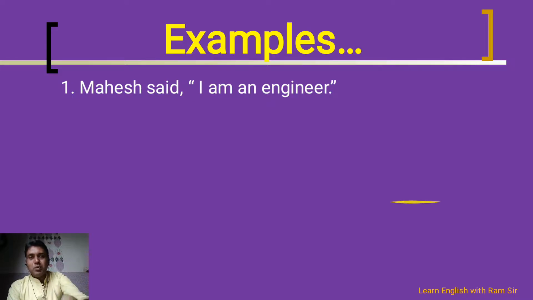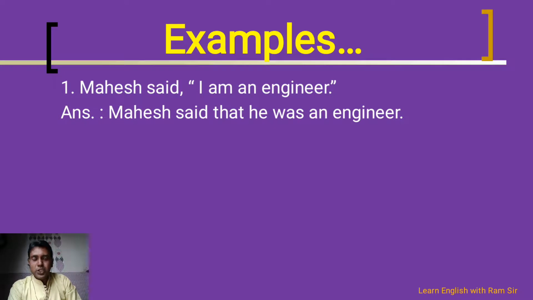So the answer will be like this. Mahesh said that he was an engineer. Correct? So why he was? Because the sentence or the above statement that is in direct speech is in simple present tense. And you have to convert the simple present tense into simple past tense. So that is the necessity here.